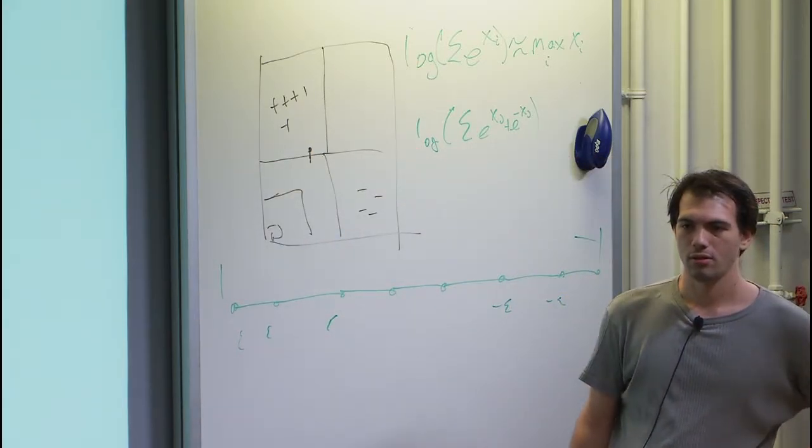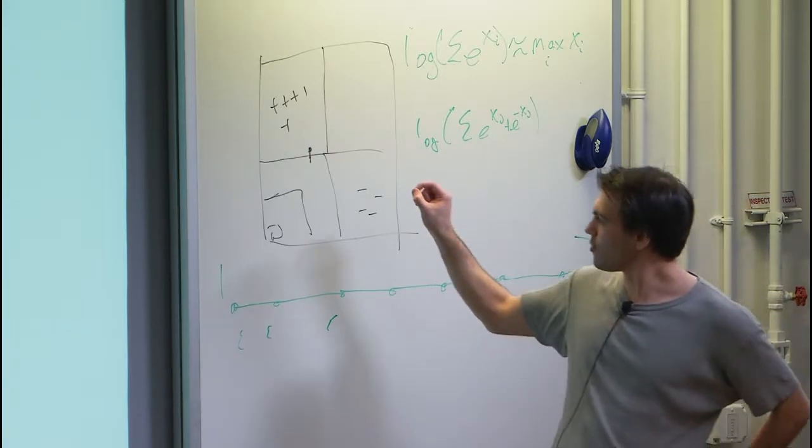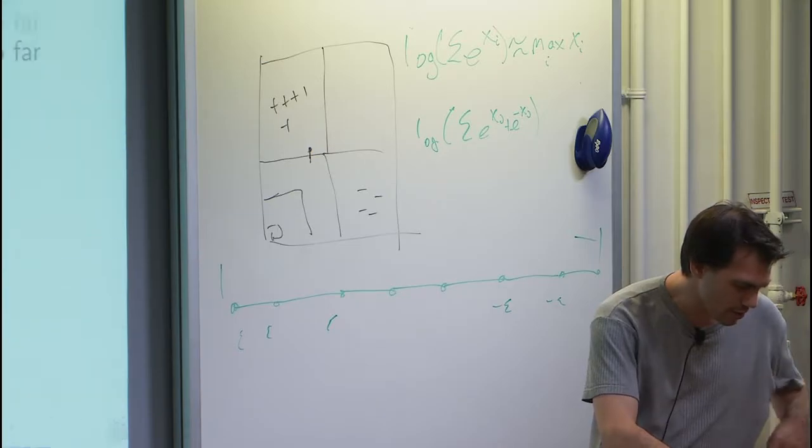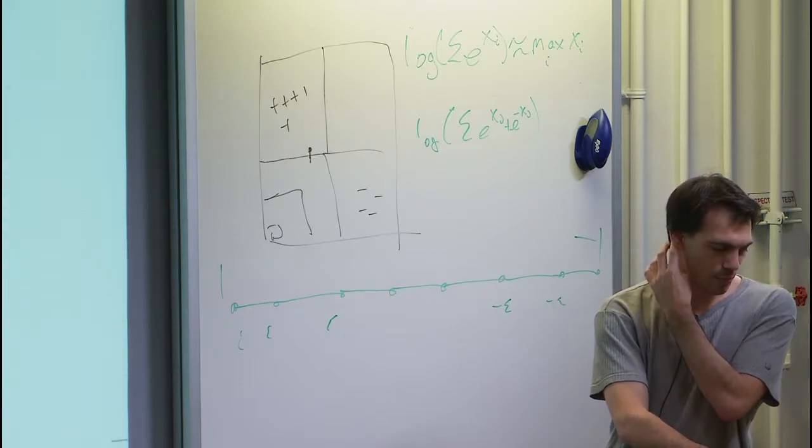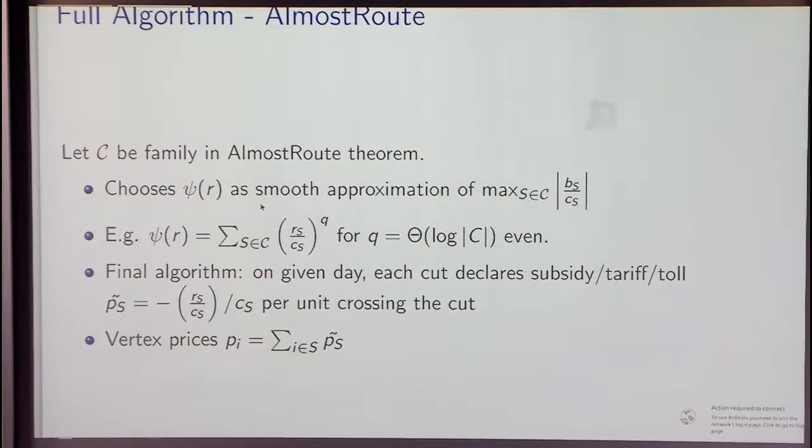And these prices are some kind of gradient of... Yeah. So the local vertex prices are always just the gradient of psi with respect to r, right? So if I now put psi as this particular q norm, then if you first just look at the function with respect to each s, as a function of residuals across cuts, you get that derivative just rs over cs to the q minus 1, and then when you transfer that to the individual vertices, you get that extra 1 over cs factor.